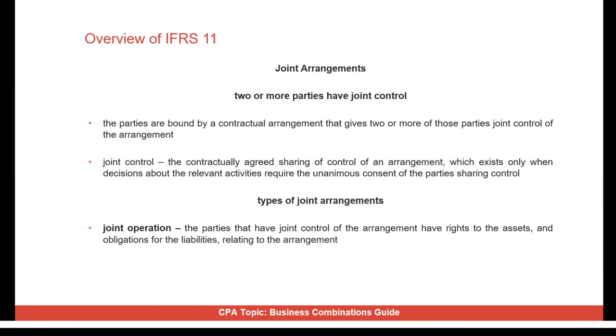Okay? So just very high level, what is a joint arrangement? One is two or more parties have joint control, so the parties are bound by a contractual arrangement that gives two or more of those parties joint control of the arrangement. Joint control means they're contractually agreed on sharing control of an arrangement, which exists only when decisions about the relevant activities require unanimous consent.